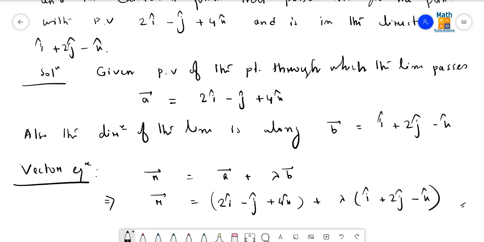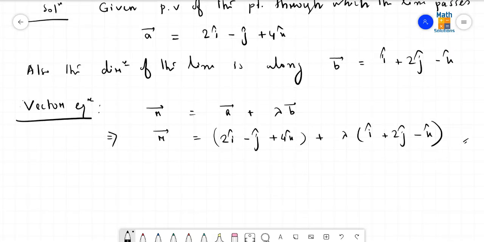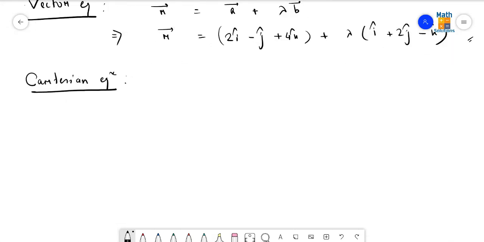Then coming to the Cartesian form. In Cartesian form, we write vector r is equal to vector a plus lambda vector b, and put in the respective things.